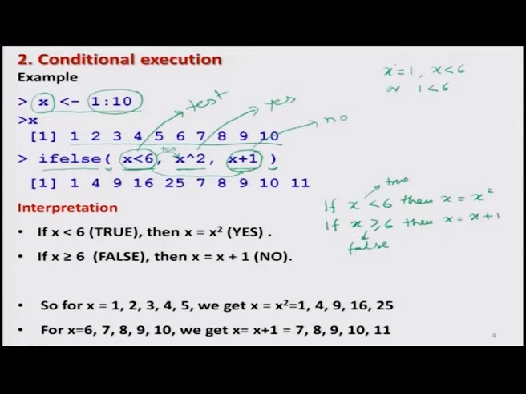What do you think? Obviously 1 is smaller than 6, so this condition is true, and so this becomes my yes. When this condition is true, the value of x is going to be replaced by x square, and this becomes 1 square, which is equal to 1.